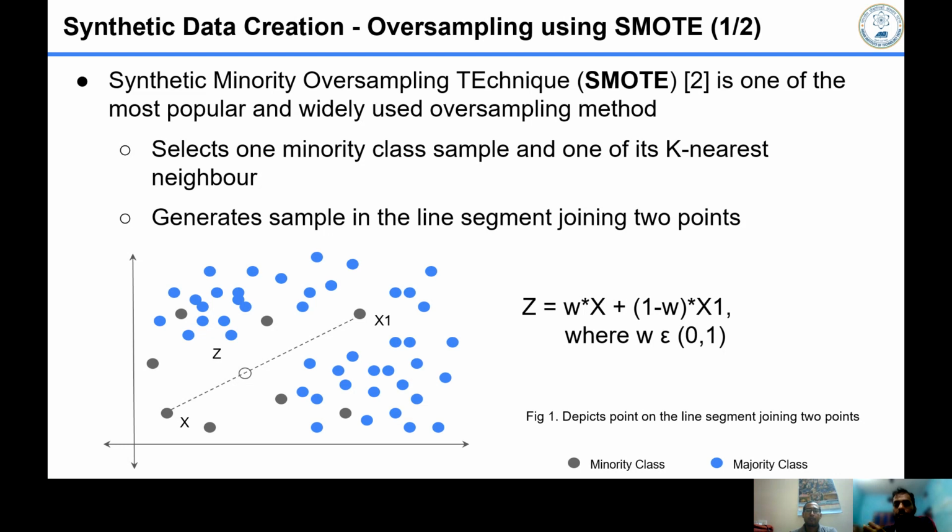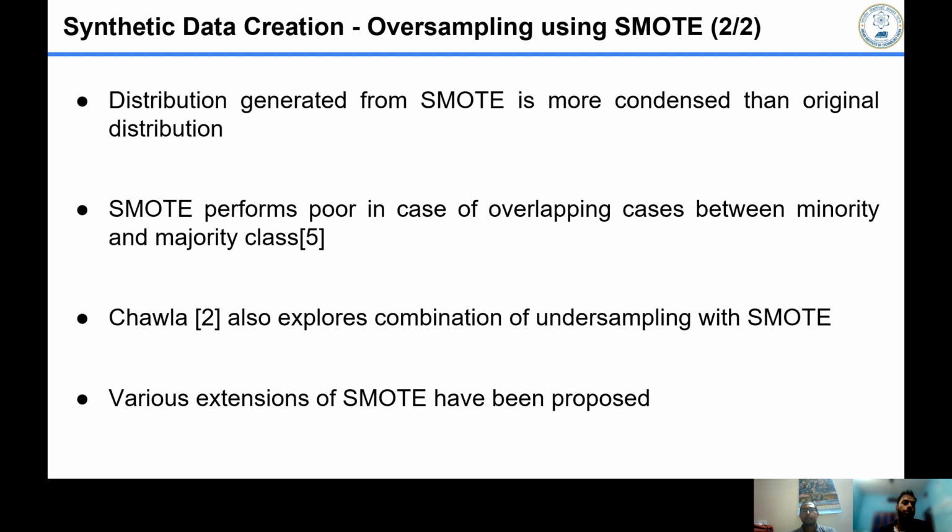Hence, in a way, we are introducing synthetic points inside the overall boundaries of the minority class, and the distribution generated after sampling becomes denser compared to what it was before sampling. So with these two problems, people have tried various permutations and combinations and various tweaks on top of SMOTE.